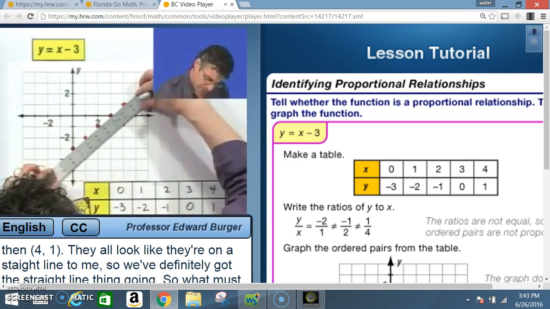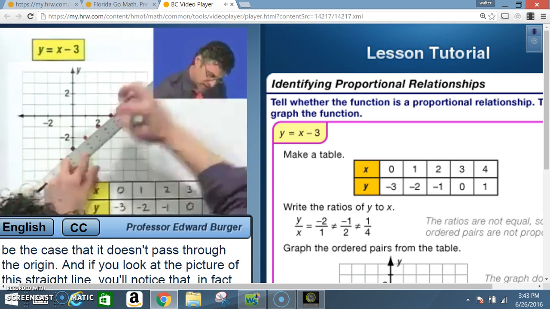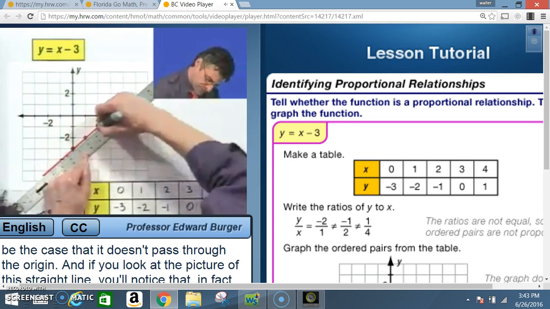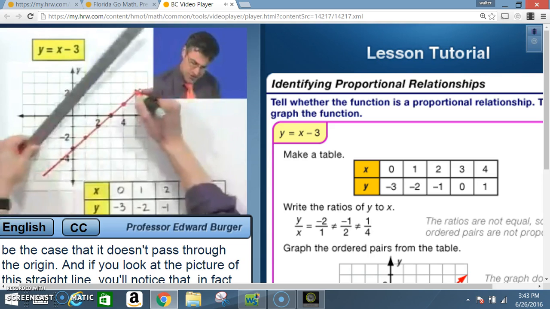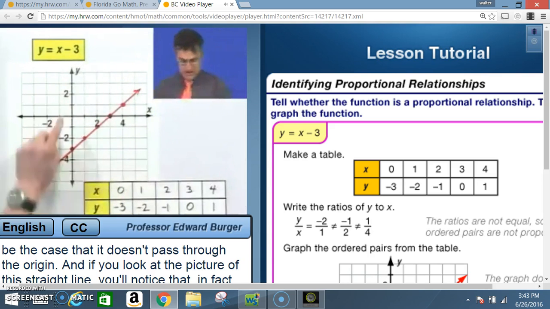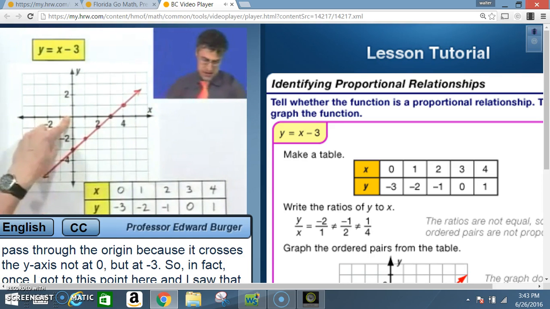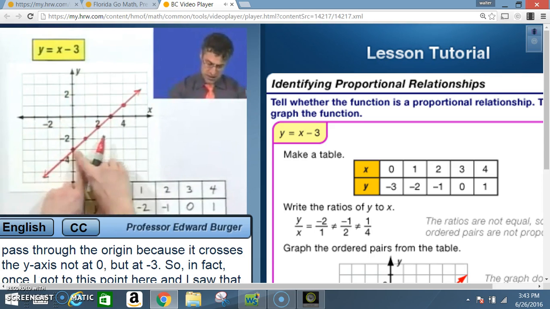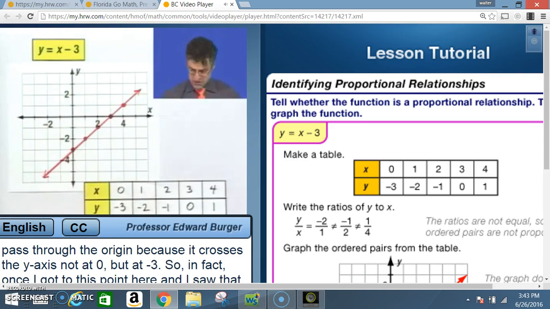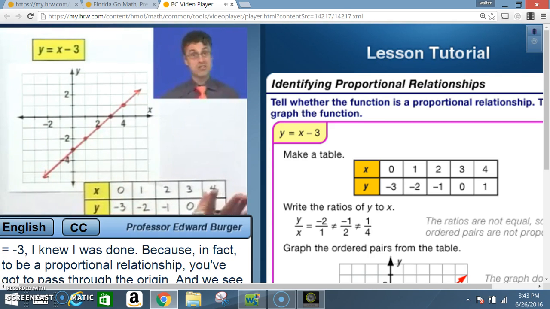So what must happen? It must be the case that it doesn't pass through the origin. And if you look at the picture of this straight line, you'll notice that, in fact, it doesn't pass through the origin because it crosses the y-axis not at 0, but at negative 3. So once I got to this point right here, I saw that when x equals 0, y equals negative 3, I knew I was done.